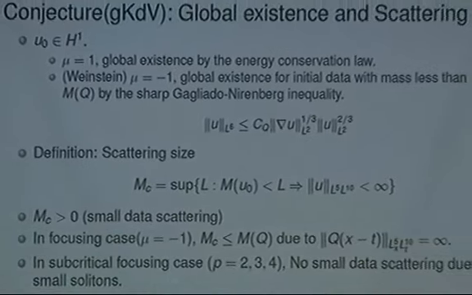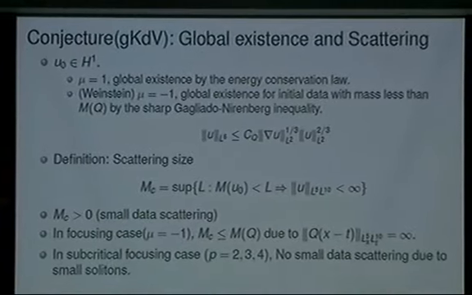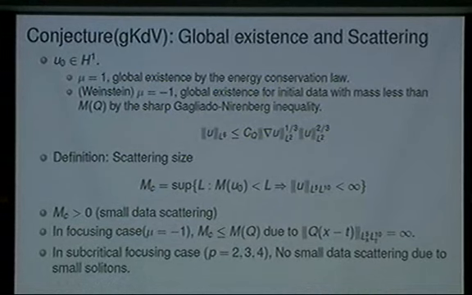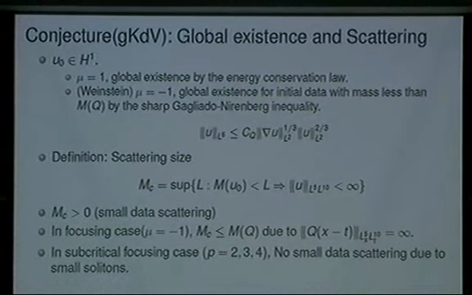Now let me prepare to state the scattering conjecture for the gKdV equation. First of all, let me define the scattering size. If the mass of the initial data is less than L, then we have scattering. We choose the supremum of such positive numbers satisfying this condition, which is called MC, the critical mass.